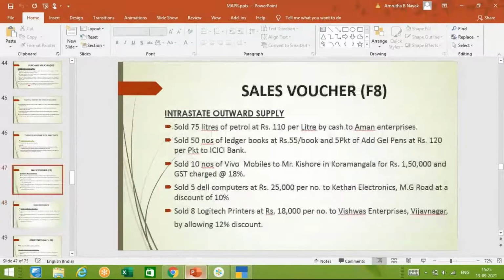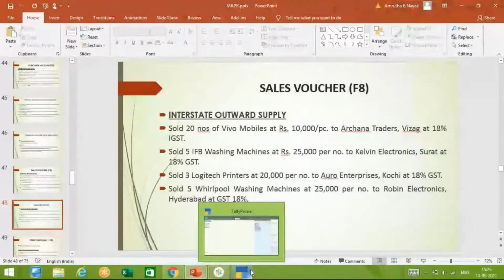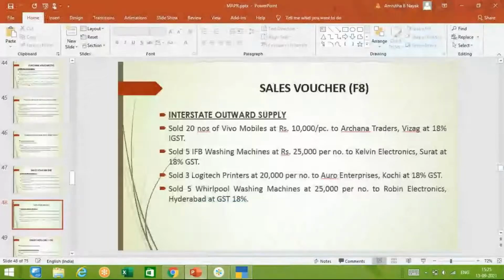This is intrastate, interstate. You want me to show one problem, interstate, intrastate, or it's clear with you? We'll do one interstate. Sold 20 numbers of Vivo Mobile at rupees 10,000 per piece to Archana Traders, Vizag.